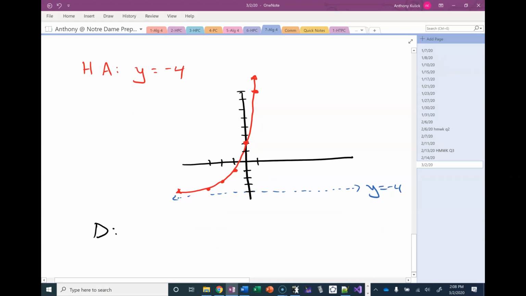So where does my domain start at? -infinity. And I have an arrow at the right end of my graph. So my domain should end at +infinity, and the line is connected in between the two arrows, right? So there's my domain.